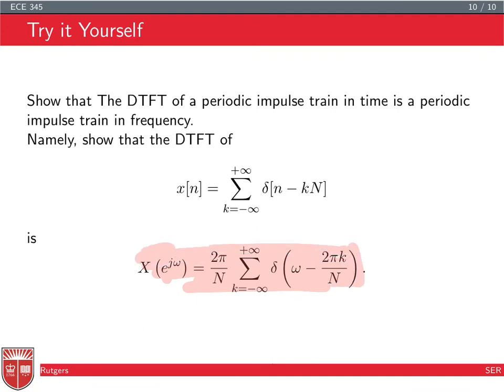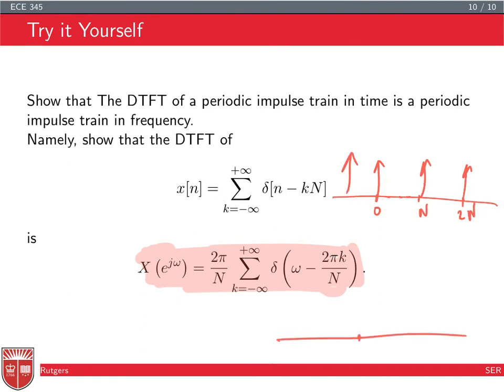You need to show that it's a series of impulses separated by 2 pi k by N. So if in the time domain you have impulses every N steps, so you have an impulse at n equal to multiples of N, at 0, at N, at 2N. And X of e^(j omega) is going to be impulses, here with weight 1, but they are separated.